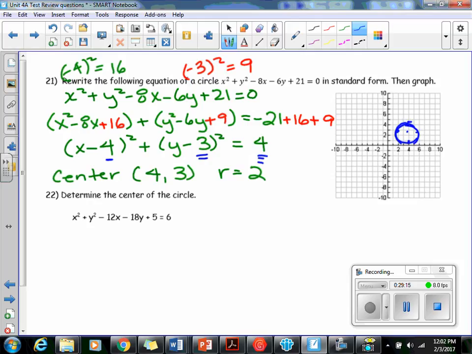Oh, sorry, that's a very ugly circle, but you get the idea. All right.